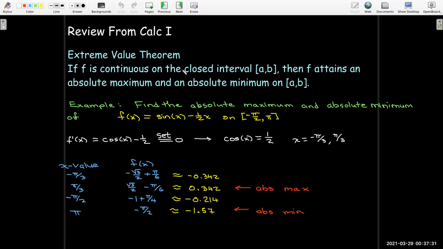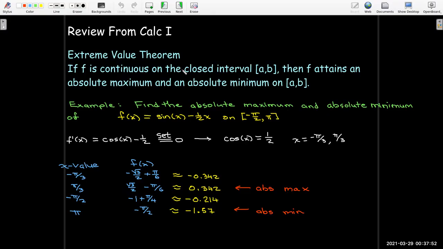So the absolute max occurs at x equals pi over 3. It's about 0.342. The exact value is root 3 over 2 minus pi over 6. And the absolute min is negative pi over 2, and that occurs at the endpoint where x equals pi.